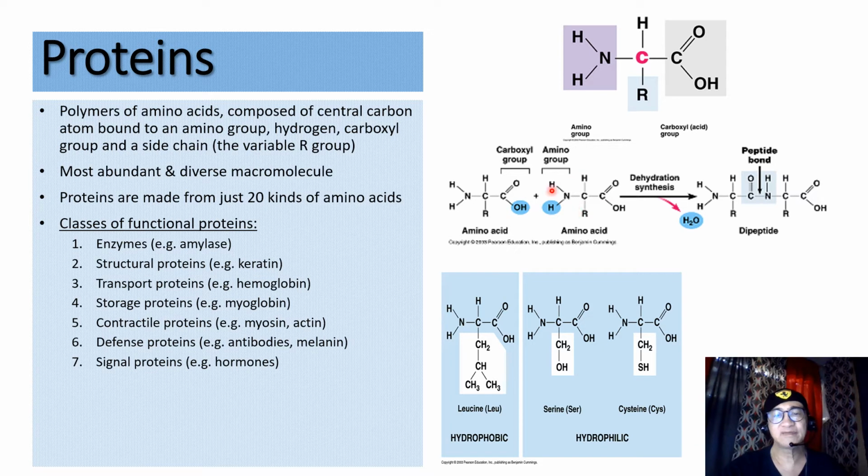Amino acids are linked together in covalent bonds we call peptide bonds by dehydration synthesis. And so here, when you bind two amino acids together by dehydration synthesis, you form a dipeptide. In this chemical reaction of synthesizing a dipeptide, you lose a water molecule from one of the amino acids. And so we call it dehydration synthesis.